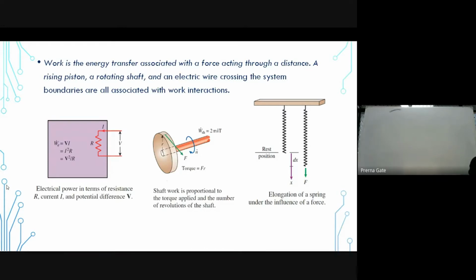A rising piston, a rotating shaft, and an electric wire crossing the system boundary are all associated with work interaction.